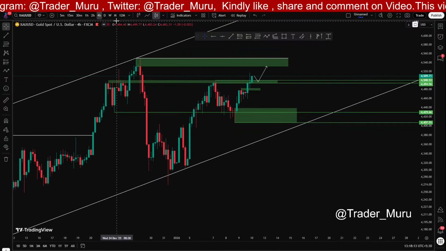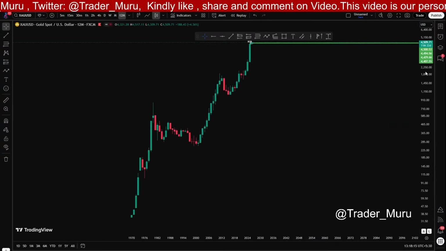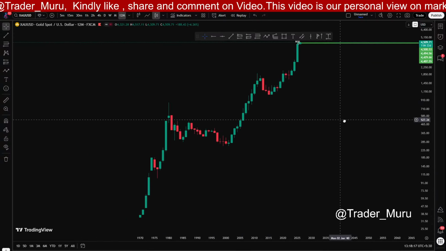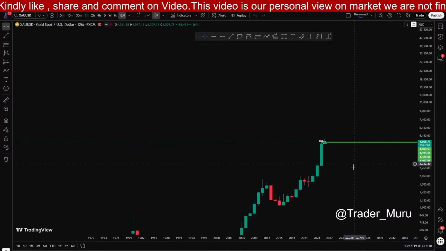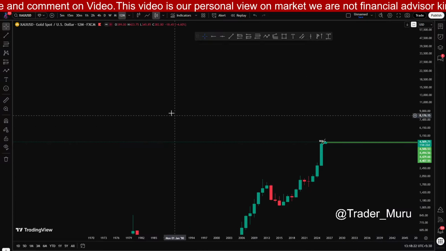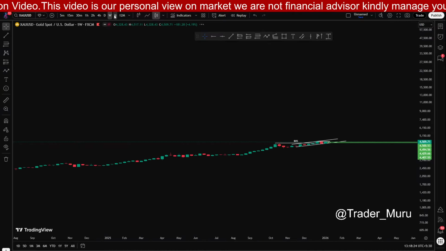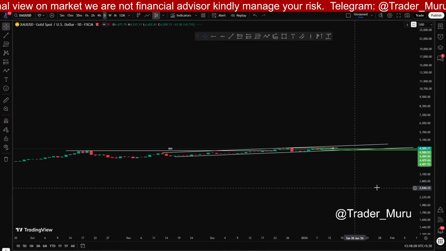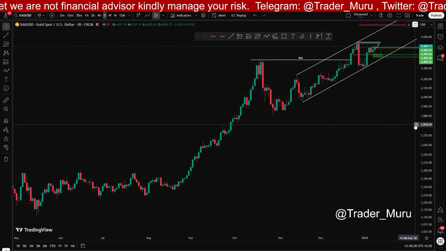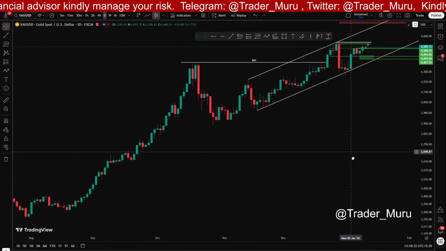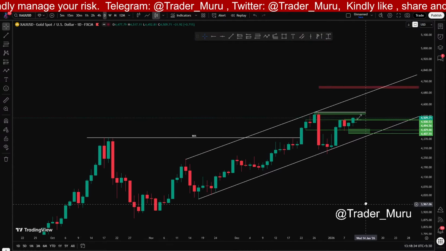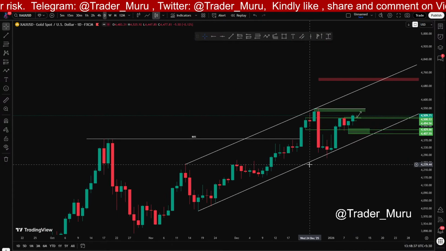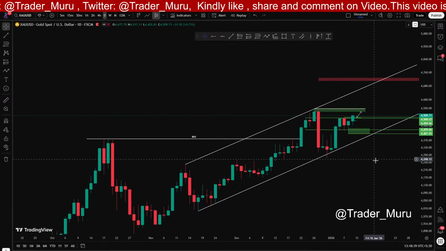Before that, I have already told you guys that price is bullish here, and it is not showing any sign of retracement, even in the monthly, weekly and daily time frame. There is no sign of reversals. That's why I keep saying that price is bullish and watch for buy only.